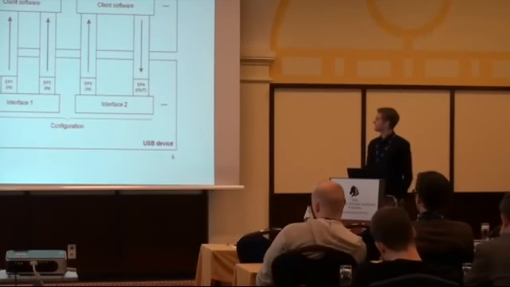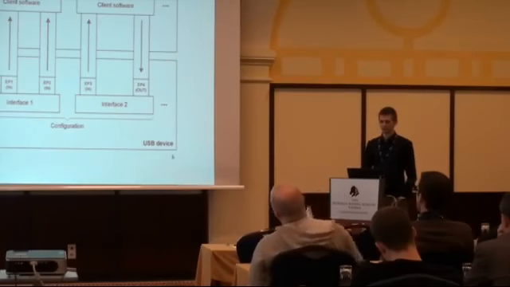And each pipe is connected to an endpoint on the USB device. So if a USB device wants to send or receive data, it has to do it through an endpoint. Each USB device must provide at least one pipe, which is called the default control pipe. And that's the pipe where the descriptors are exchanged and where the enumeration happens.